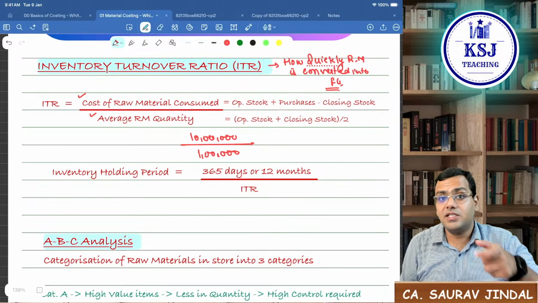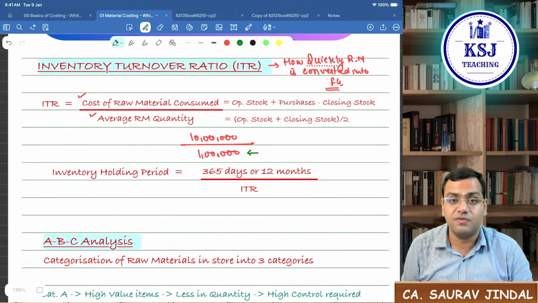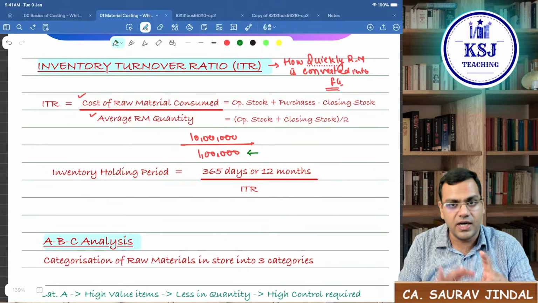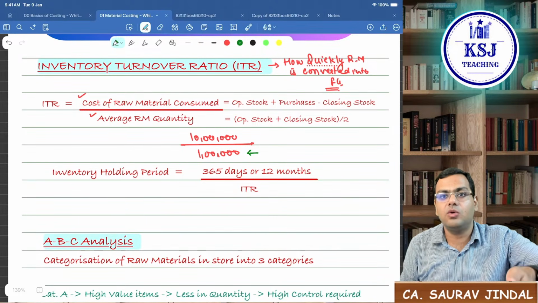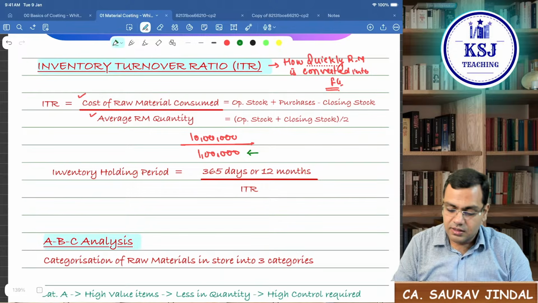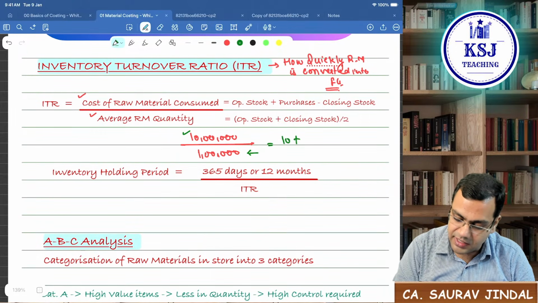So what does ITR tell me? ITR tells me how many times you have converted this 1 lakh of raw material, which is on average in your store, into consumption, so that the total consumption is 10 lakhs. So you are converting it 10 times.